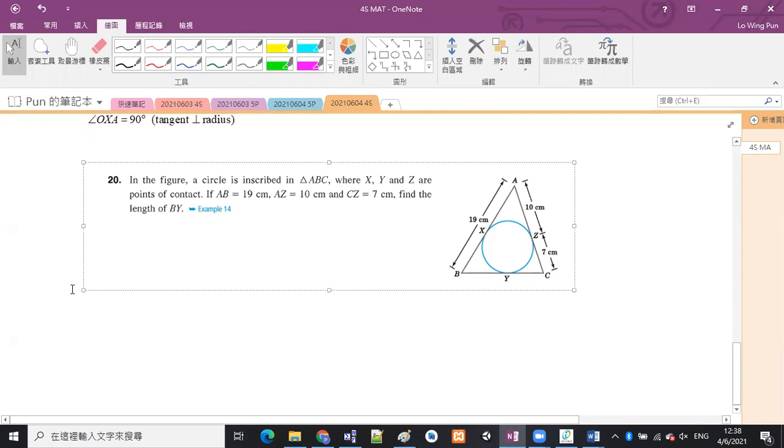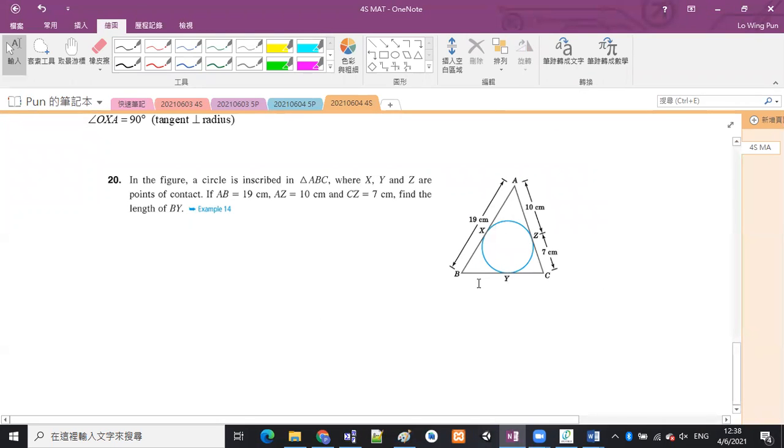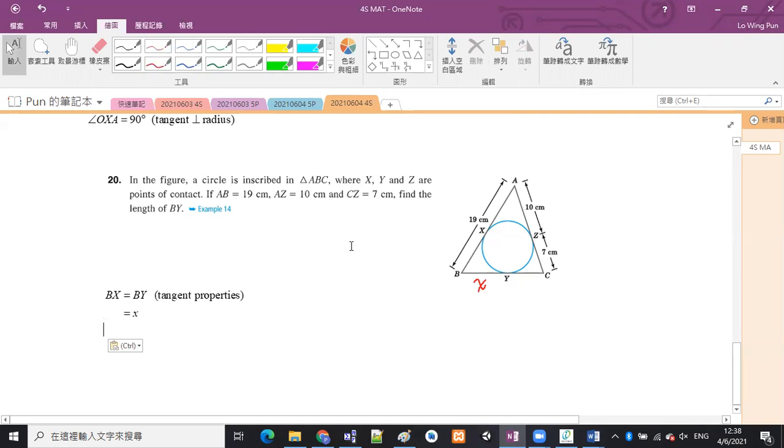But this one is actually very easy. Let X be BY first. So let X be BY. Okay? And then, because BX should be equal to BY, this is tangent properties, and they are both equal to X. Okay?